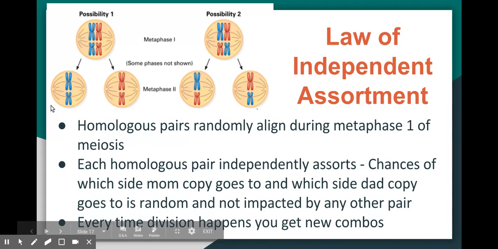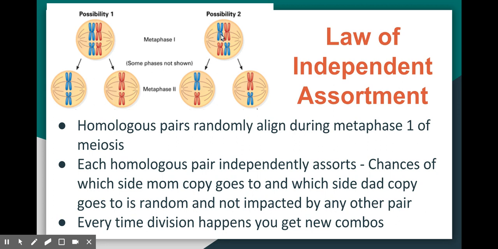What that means is if you look at the diagrams up here, over on my left-hand side, they're showing dad DNA in blue and mom DNA in red. So they're saying it's possible that I get all of my dad's chromosomes lining up on one side, mom lining up on the other. So dad DNA goes this way, mom DNA goes the other way.